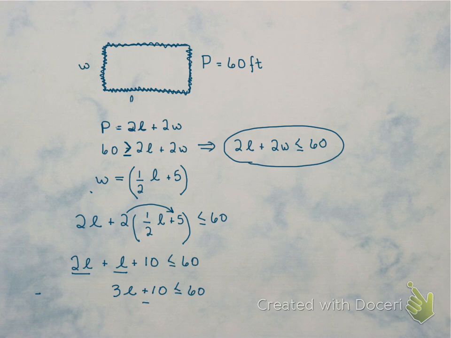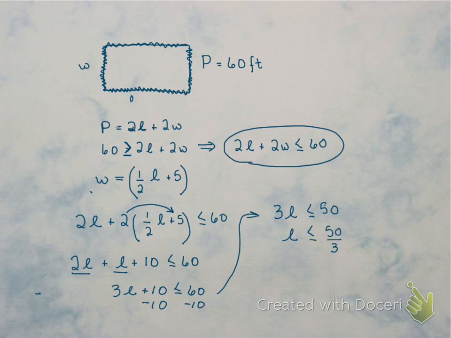So we're going to subtract 10 from both sides, just as you would with an equation, to get that 3L is less than or equal to 50. And when we divide, we get that L is less than or equal to 50 over 3.